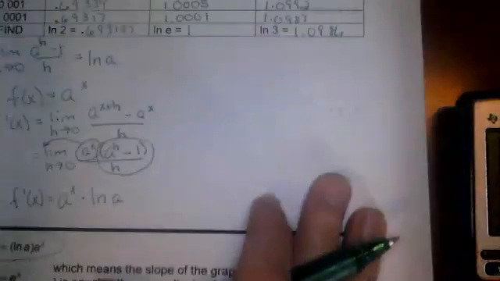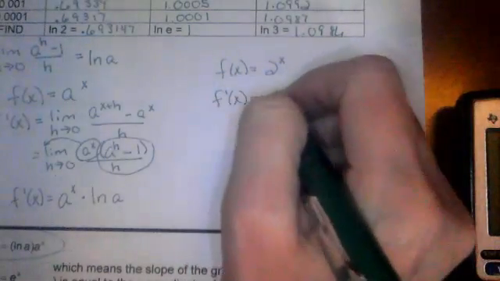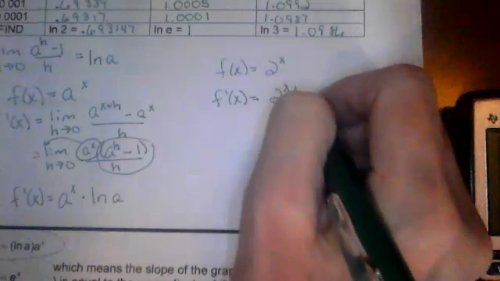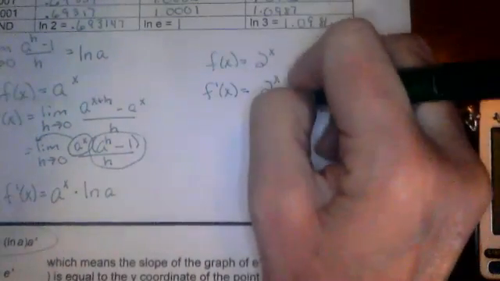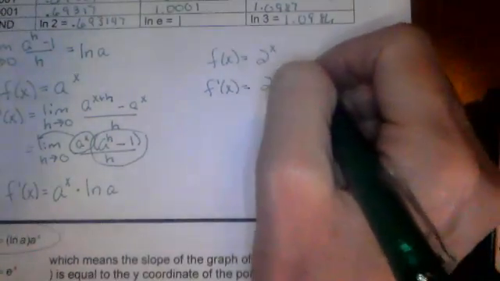So let me give you an example over here. If I have f of x equals 2 to the x power, all this rule says is that if I take the derivative, I'm going to get 2 to the x power times, I don't know why that's a habit, L and N just seem to go together, but I get 2 to the x times the natural log of 2.